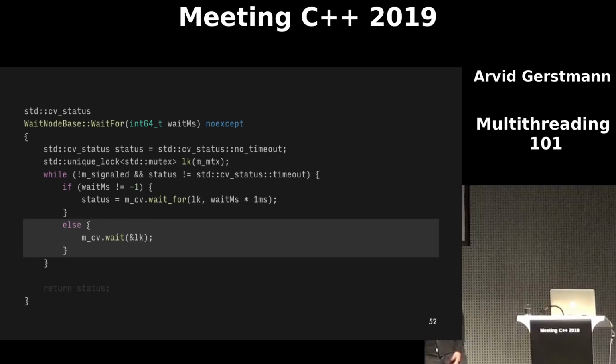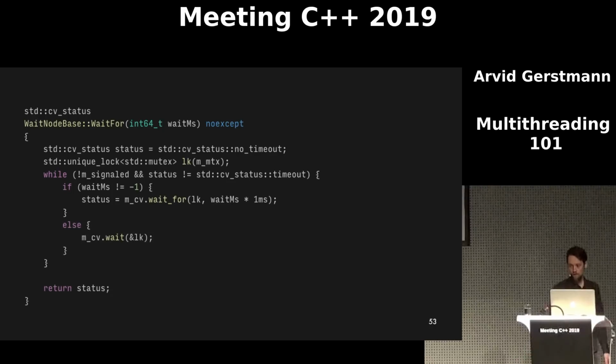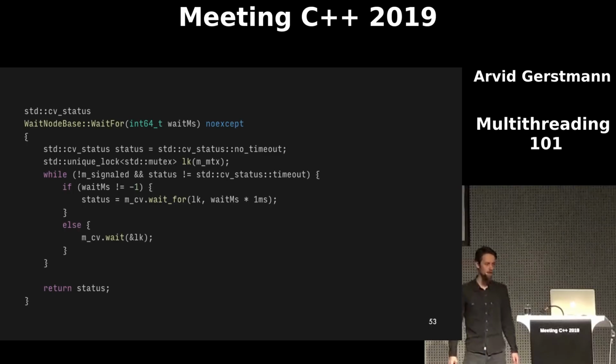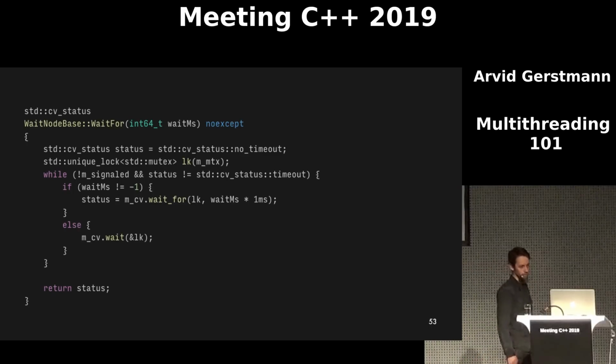So they block and may not return for quite a while. So if the thread is awakened after we've acquired the mutex, we will return the status, as you can see here. This will happen under the circumstance that we've been called from wake. We've been awoken from wake. And this is pretty much half the magic we need.